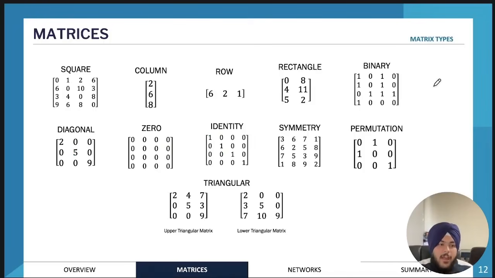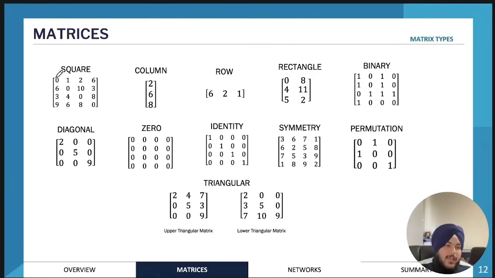Okay, so here are the different types of matrices that you will encounter throughout VCE. Some of them are important, whereas some of them are not that important. You probably won't see them often. We'll be going through each of these different types of matrices, or most of them, as we go throughout today's lecture. But the important ones are square matrices.